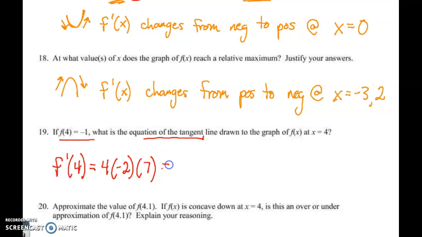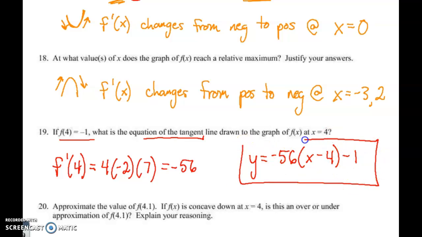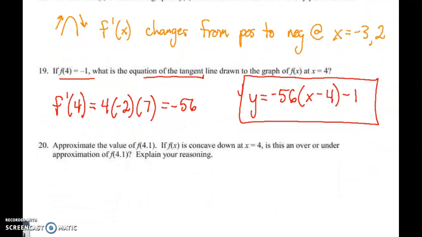So -8 times 7 is -56. So now just write the equation. Y equals your slope, x minus the x coordinate, and then minus your y coordinate.